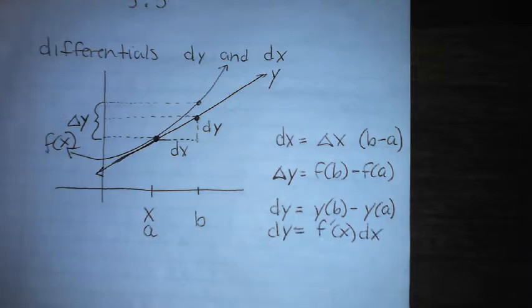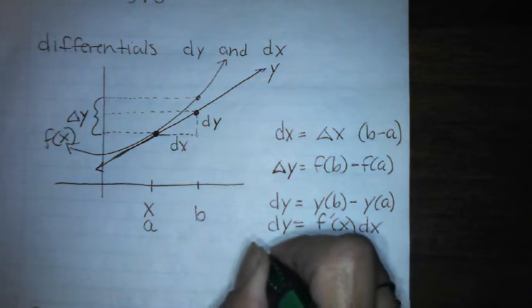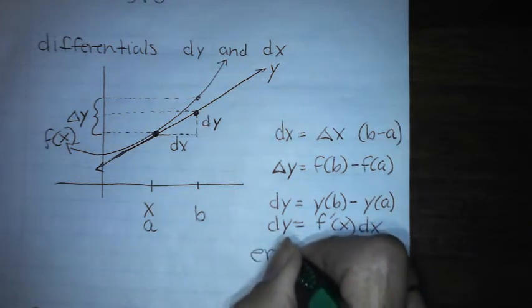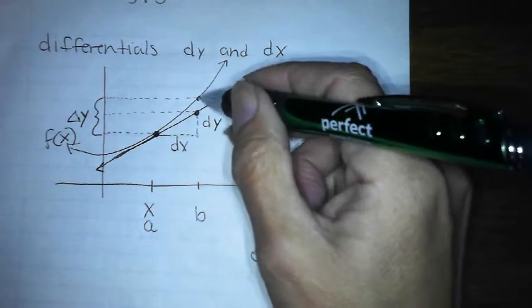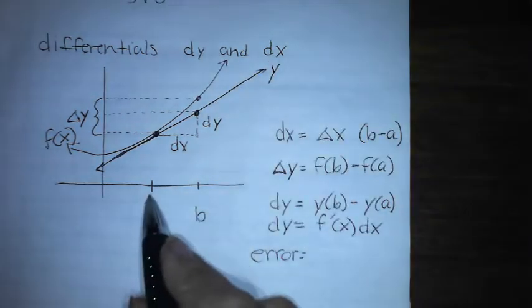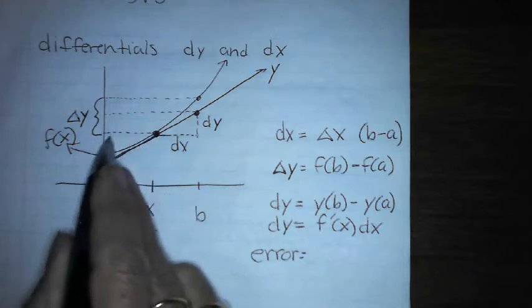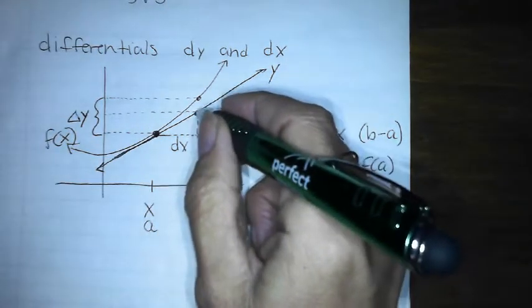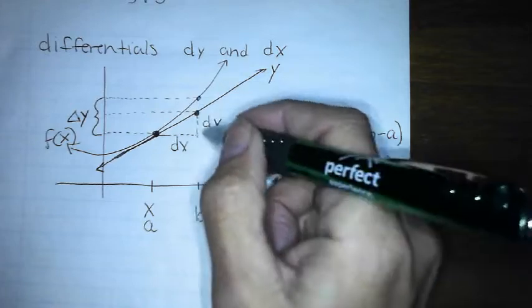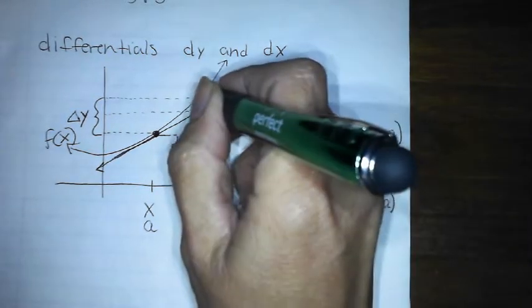All right, and then the last thing they talk about in here is what's called the error. It is the difference in these second y values. Remember, at the first x value, the y values are identical, so there's no error. But as soon as I move away from that, now my y values have separation. So at this x value of b, we've got two different y values.